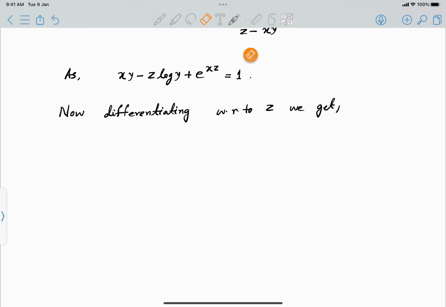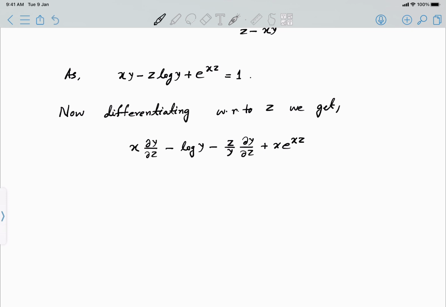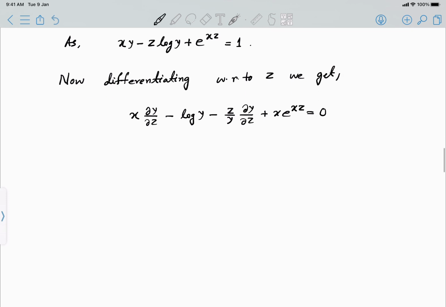Differentiating with respect to z, we get x del y by del z minus log y minus z by y del y by del z plus x e to the power xz equals 0.